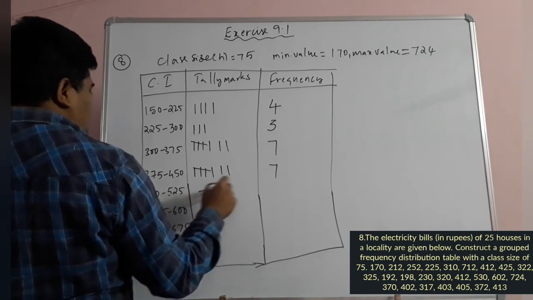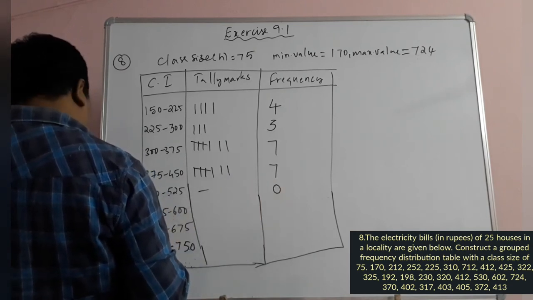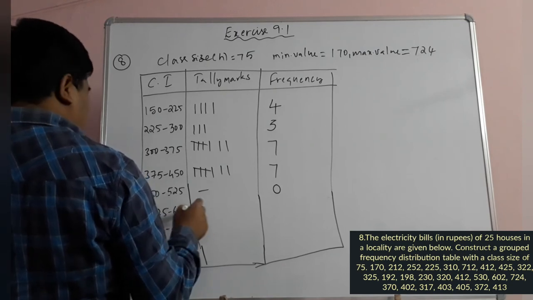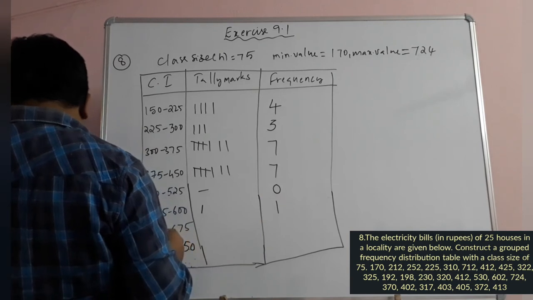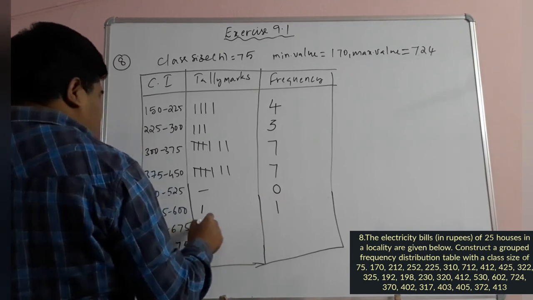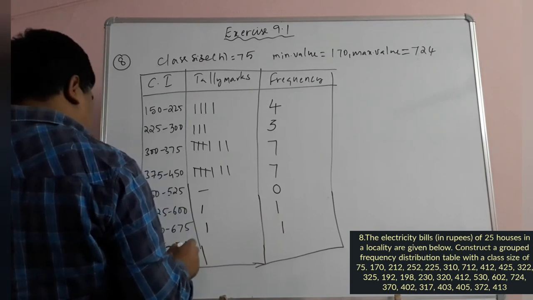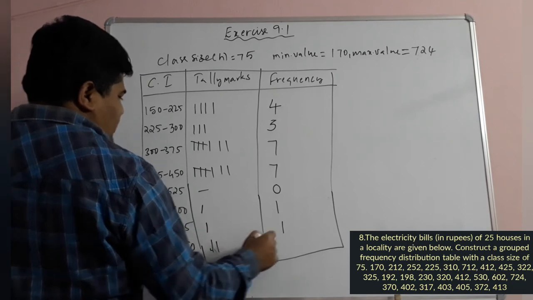So you write 0. Now 525 to 600, there is only one observation. From 600 to 675 also, there is only one observation. And 675 to 750, there are 2 observations. The tally marks, there are 2.